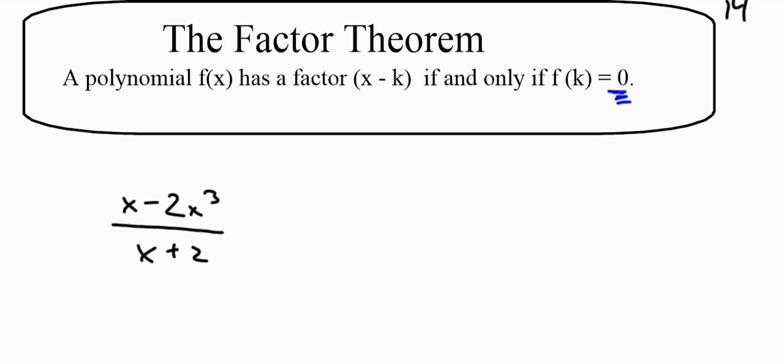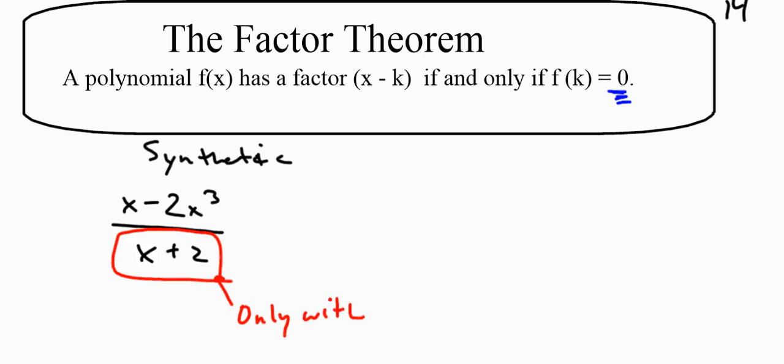Now, using synthetic division, how we go about doing this is, we have a linear expression. It works only with linear expressions, and they have to be in this form, x plus 2, like x minus k. Only with linear expressions.